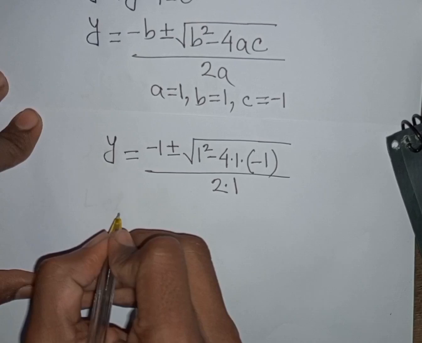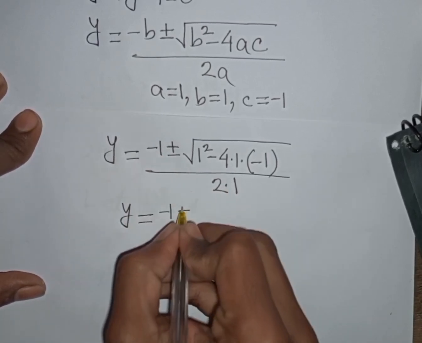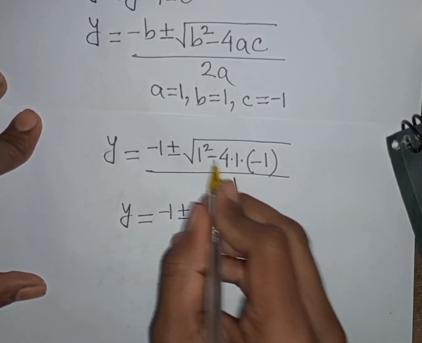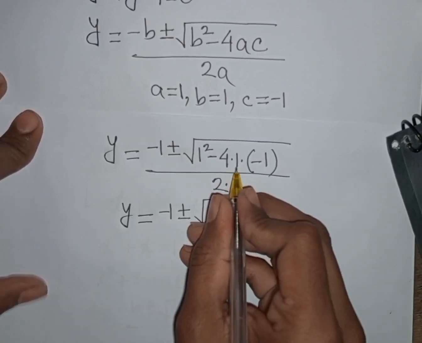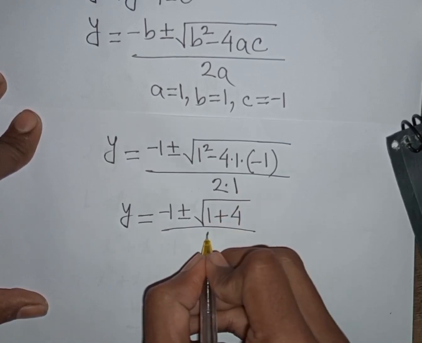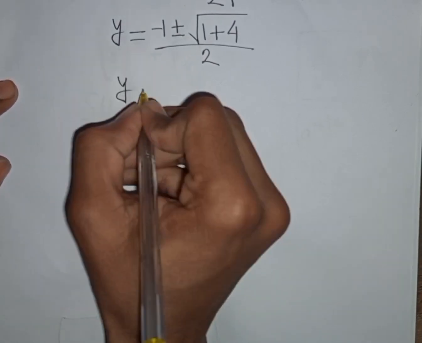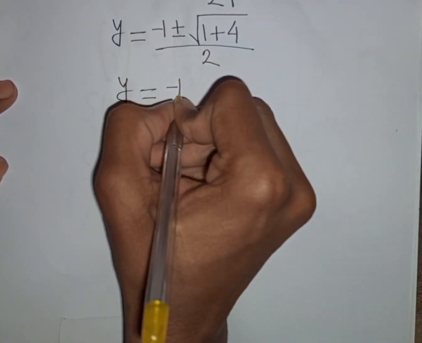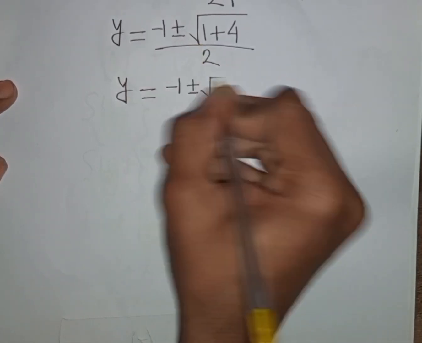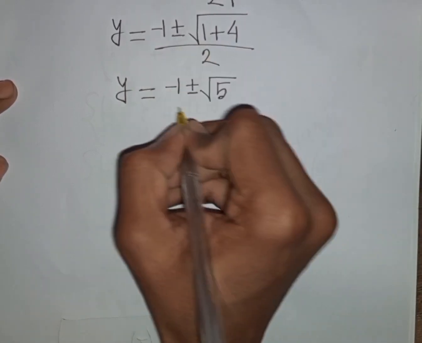Now I can write y = (-1 ± sqrt(1 + 4)) / 2, since 1 squared is 1, and minus times minus is plus, and 4 times 1 times 1 is 4, divided by 2 times 1, that means 2. So y = (-1 ± sqrt(5)) / 2.